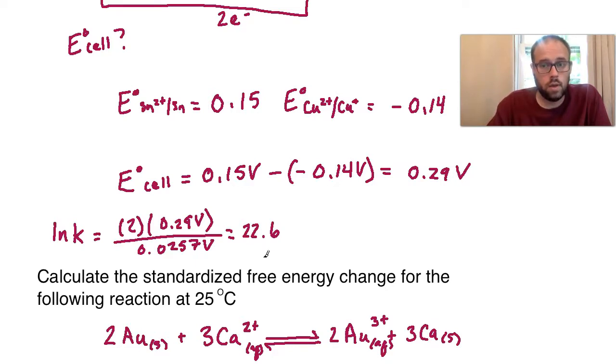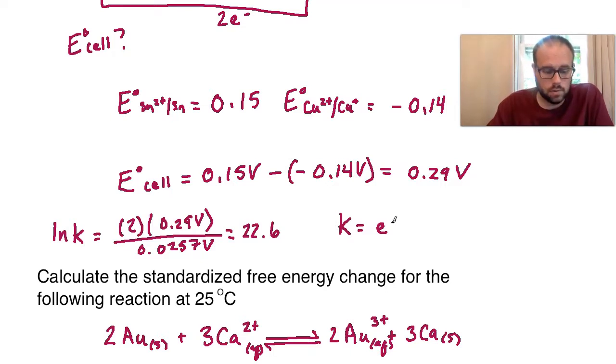Okay, now when you want to get rid of the natural log, not the base 10 log, you need to raise e, the natural logarithm antilog, so e to the 22.6. So K, okay, if you look on your scientific calculator, there's a little e. Okay, this is different than the E button used to put your exponent in for 10 to whatever.